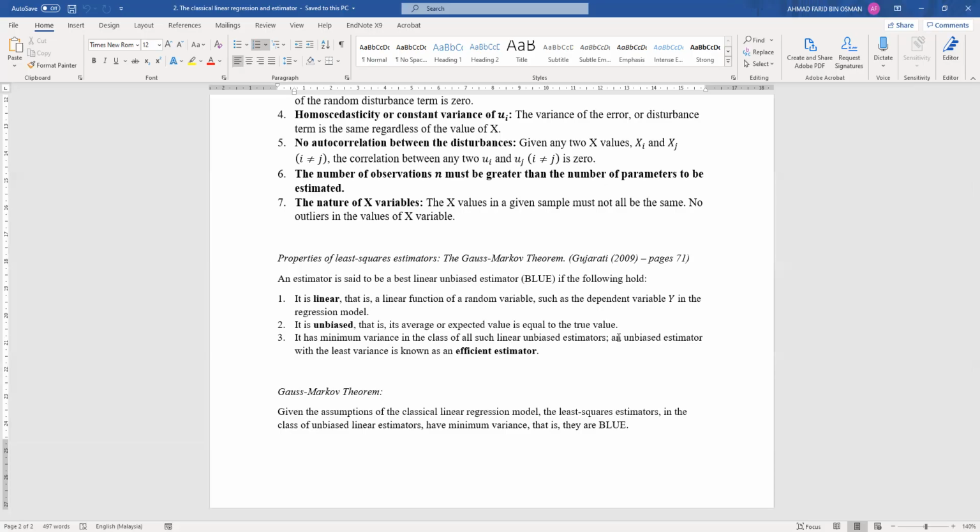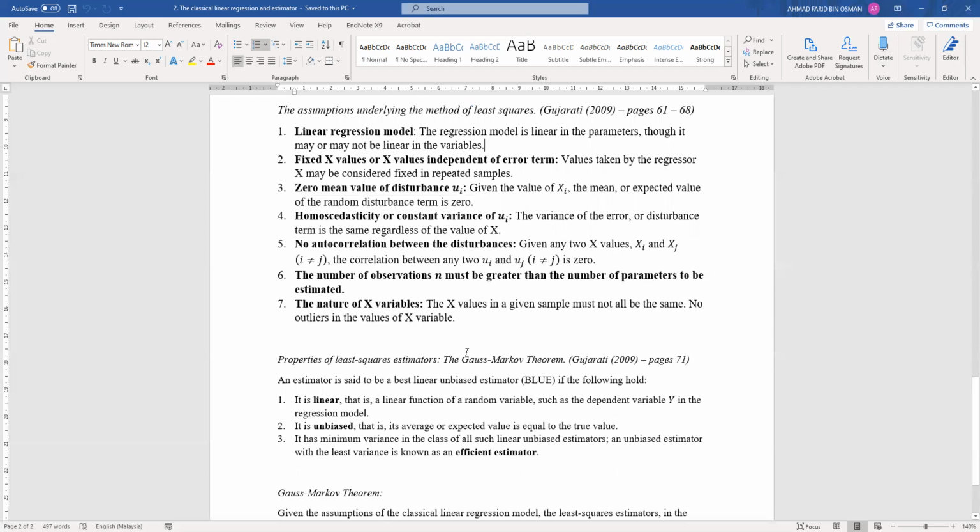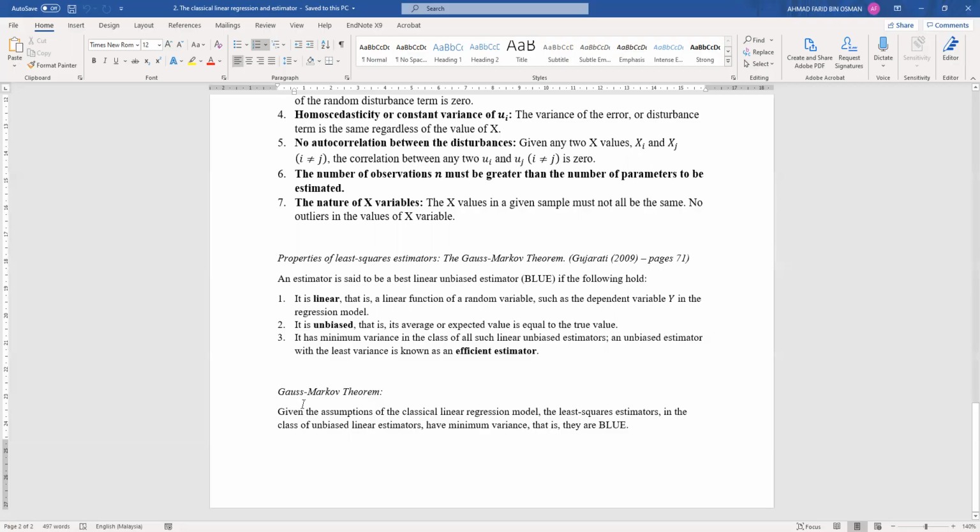So if the model and all of these variables satisfy all these requirements or assumptions, then according to the Gauss-Markov theorem, the ordinary least squares estimators for the model, the estimators for beta 0, beta 1, beta 2 and so on, the slope parameters, have minimum variance, so that they are best linear unbiased estimators.